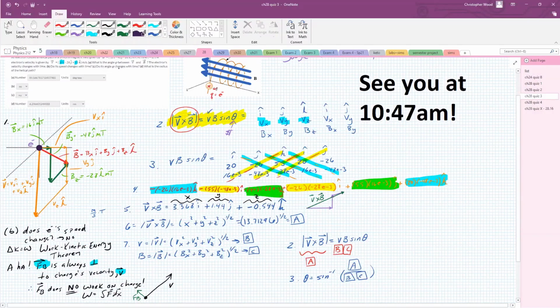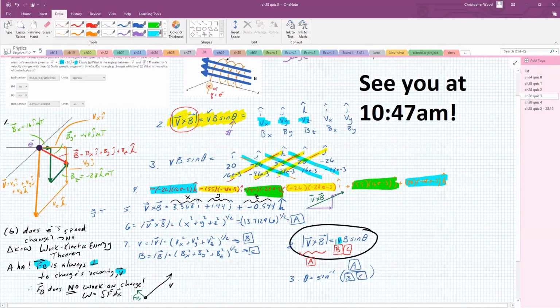Part C says, does theta ever change with time? I guess I would look over here. Here's sine theta. Sine theta depends on these. It depends on the magnitude of V. None of these change as a function of time.